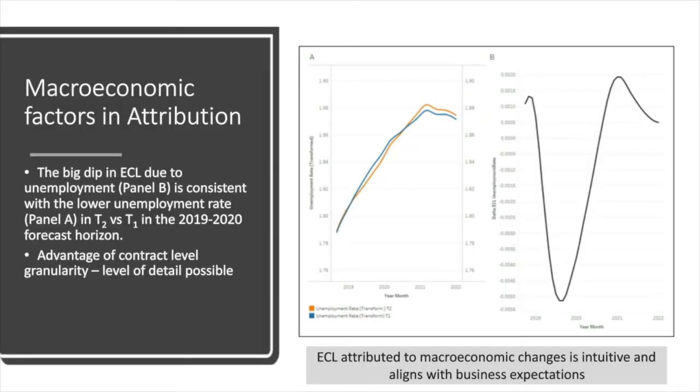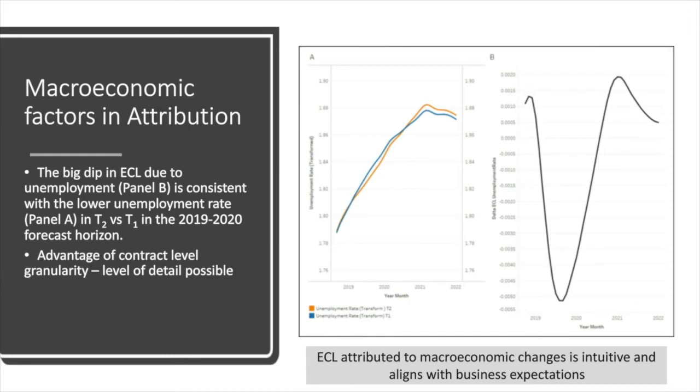So this next slide here is just a very granular representation of how we can correlate the directionality of the changes in the macroeconomic factors with their contribution to the ECL. So on the left side, you will see a blue line and an orange line that show the unemployment rate at time T1 by the orange line and time T2 with the blue line.